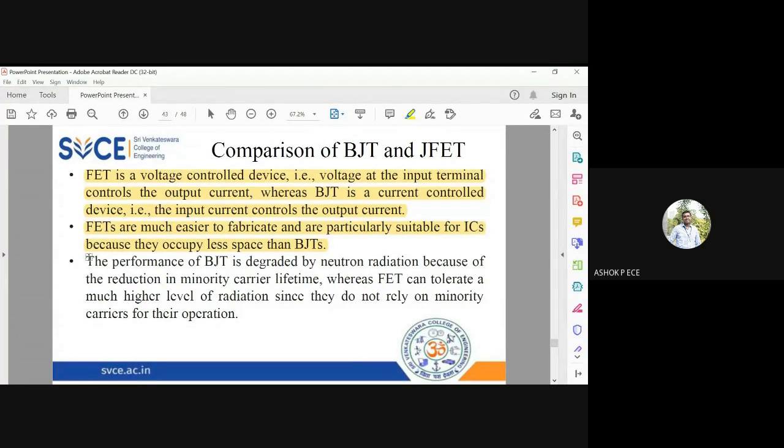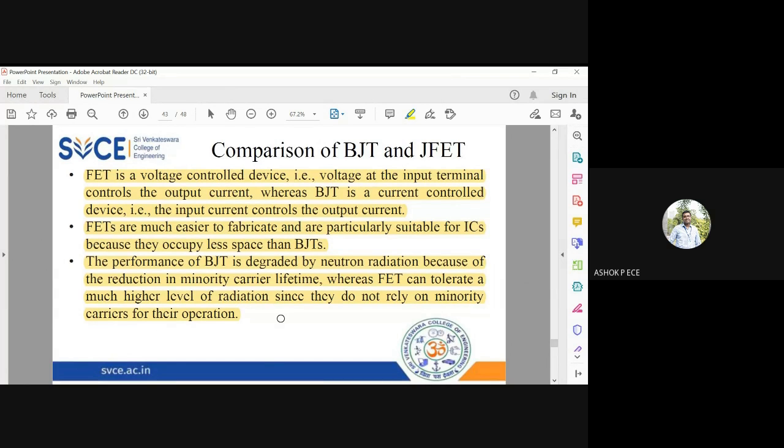And the last thing, whenever you are going to use these devices in a radiation environment like a nuclear power plant and other places, performance of BJT is degraded because the neutron radiation will deteriorate the performance of BJT. But FET can tolerate very high amount of radiation because the minority carriers are not there.